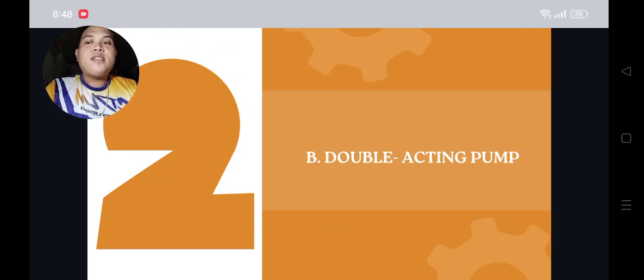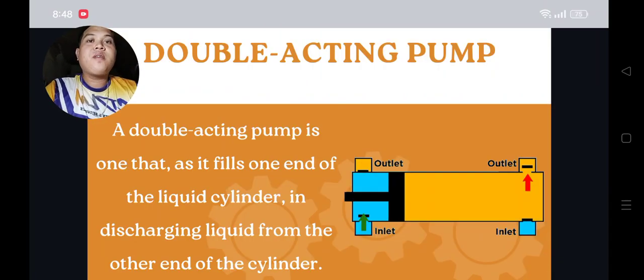The second type is the double acting pump.